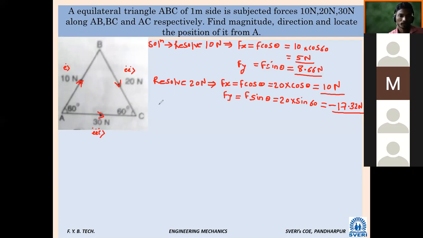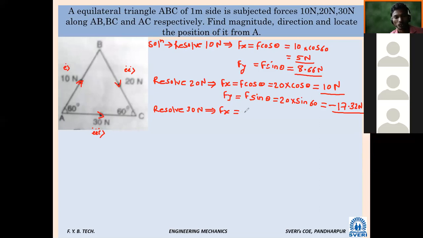Next, the 30 Newton force. Resolve it. It is a horizontal force, acting directly along the positive x-axis.